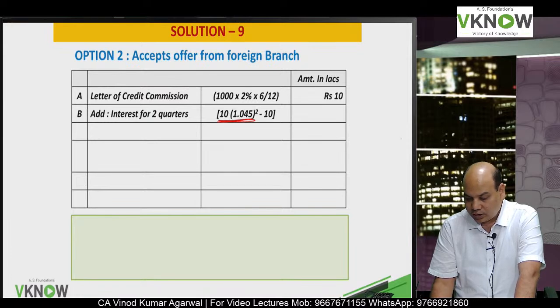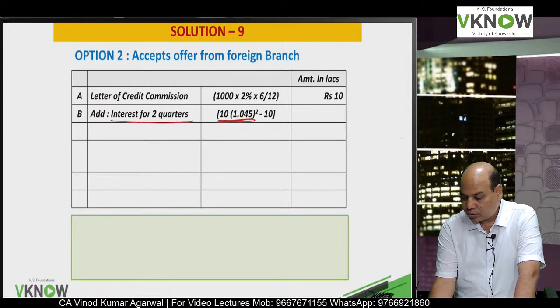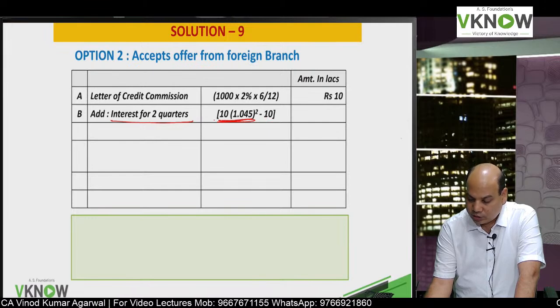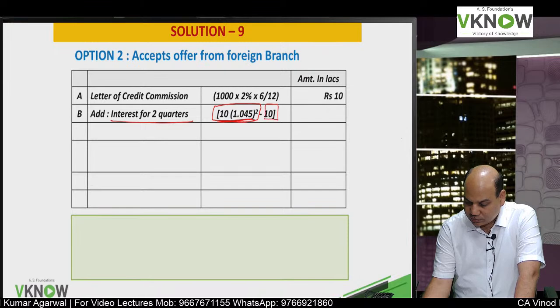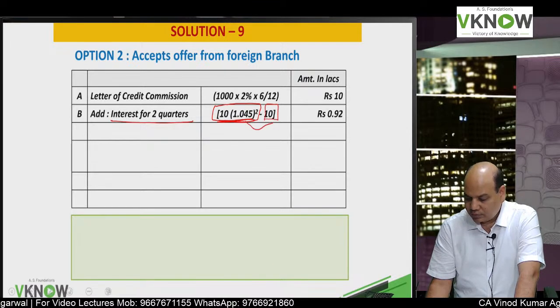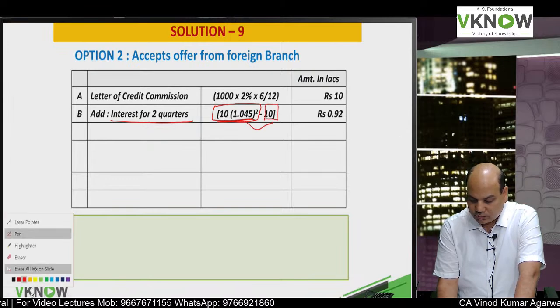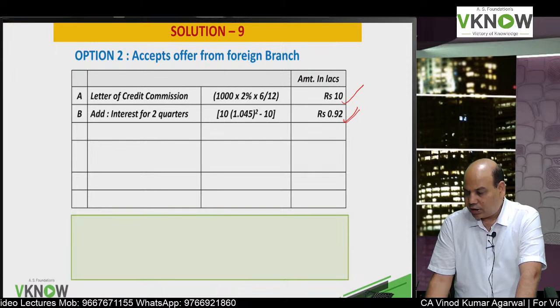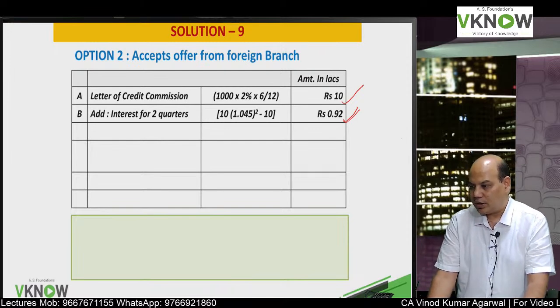So my interest for 2 quarters will be 10 into 1.045 to the power 2. This will give me future value minus 10. The difference will give me interest. That means we are considering opportunity cost on 10 lakh for 6 months in India.